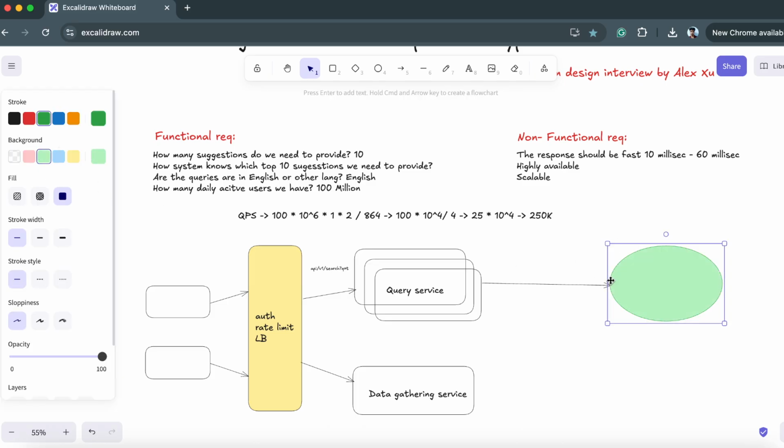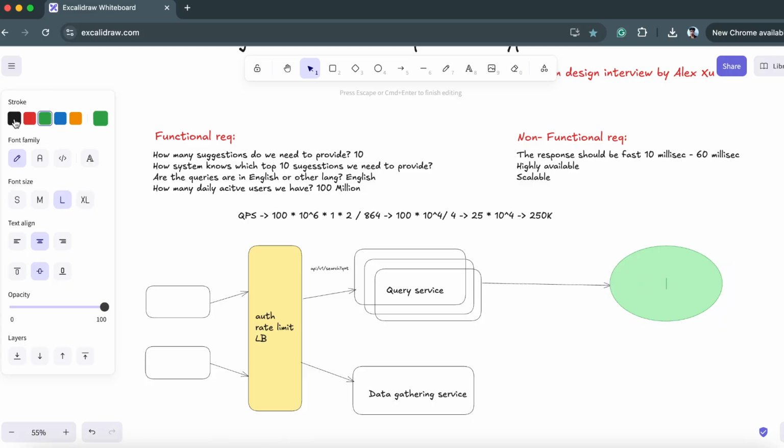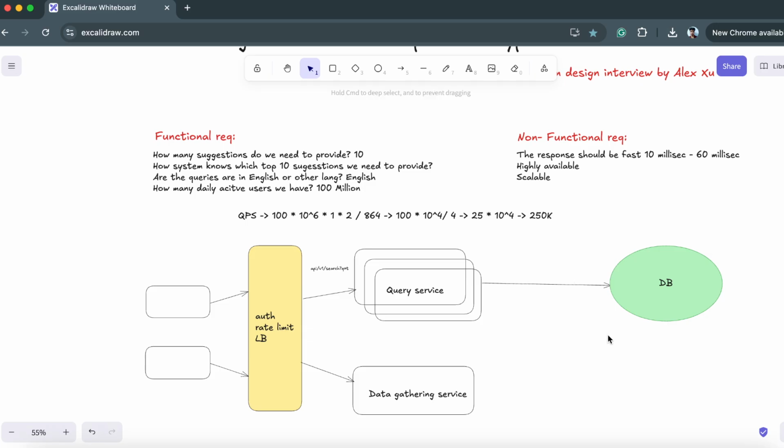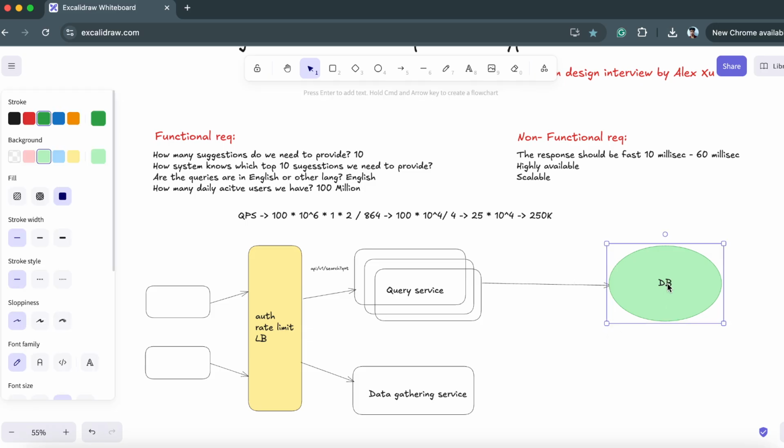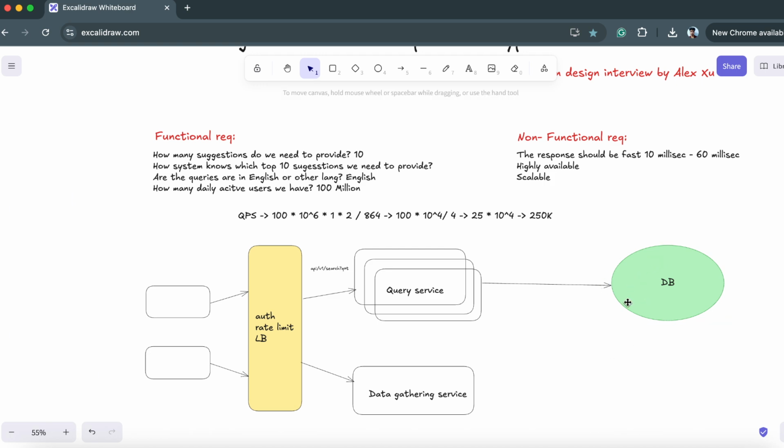This is our DB. In this DB, we will have all the information, like how many times a particular word has been searched. We'll collect that information and return it to the user. All the top 5 or 10 suggestions, based on the requirements, we can get from the database, provide back to this query service, and from here it goes back to the user.